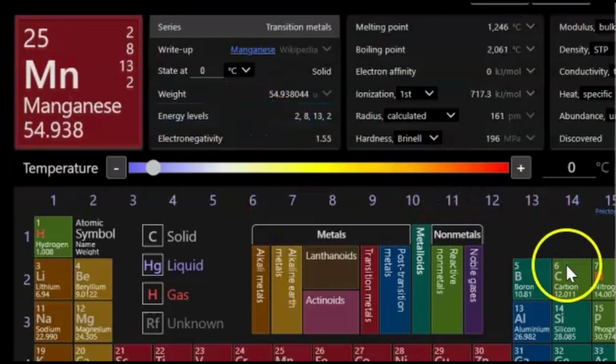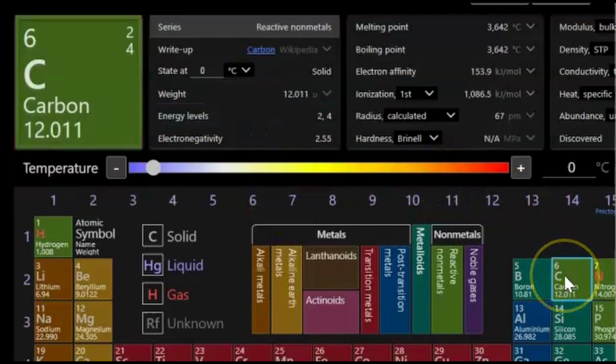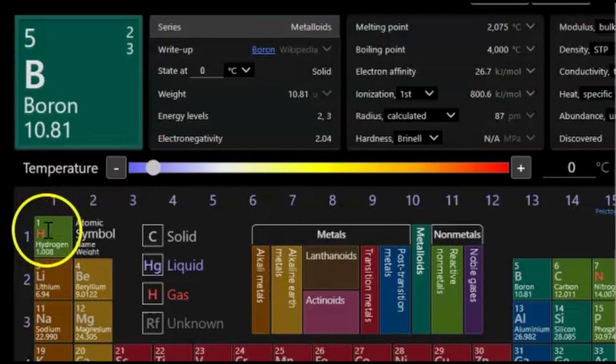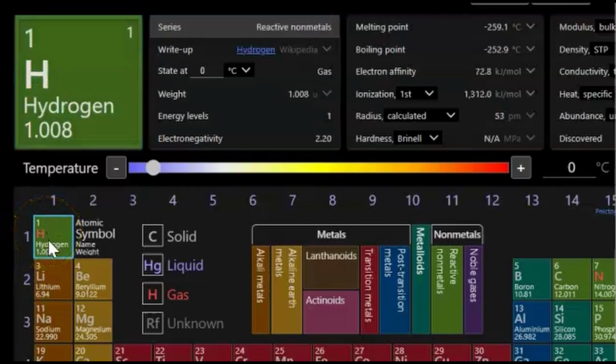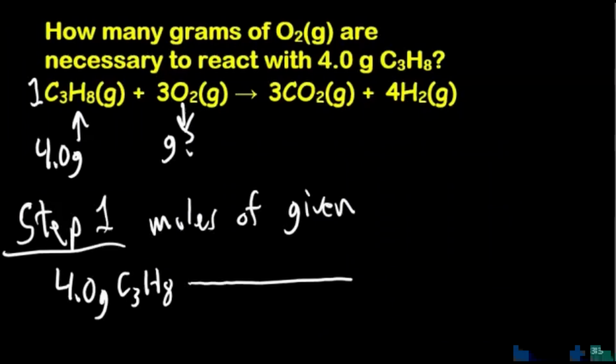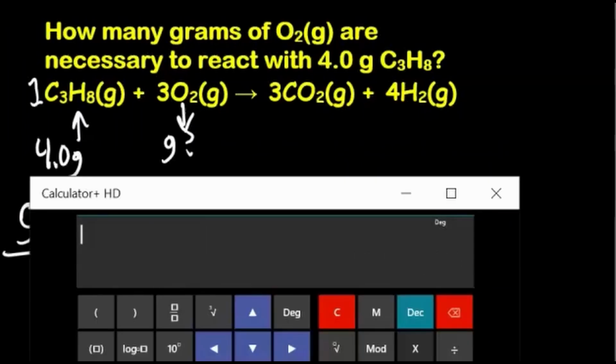So we'll go to our periodic table here, and I'm highlighting over carbon. Carbon has a mass of 12.011 grams for every 1 mole, and hydrogen has a mass of 1.008 grams for every 1 mole. So we'll put that on our calculator. Carbon is 12.011 times 3 plus 8 times 1.008, since each hydrogen weighs 1.008 grams for every 1 mole.